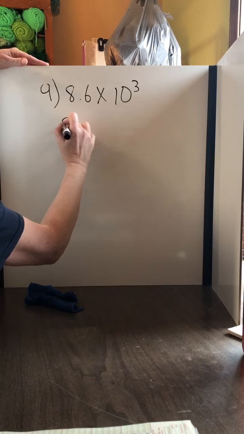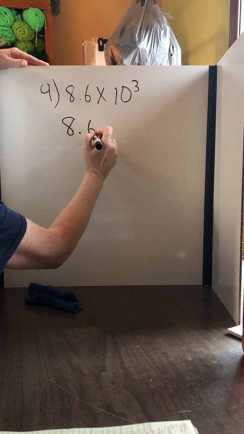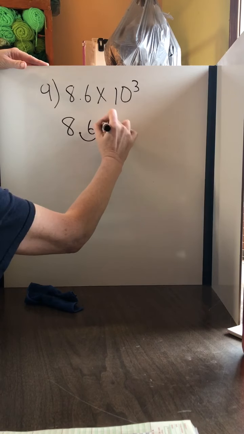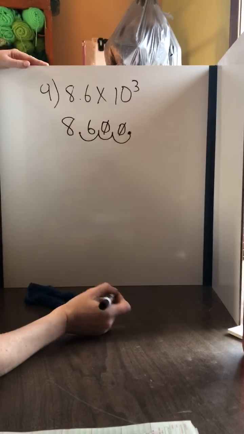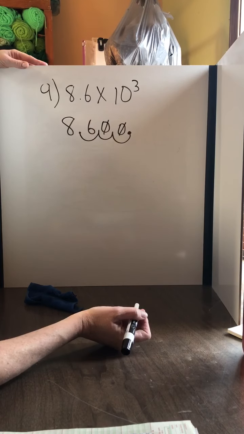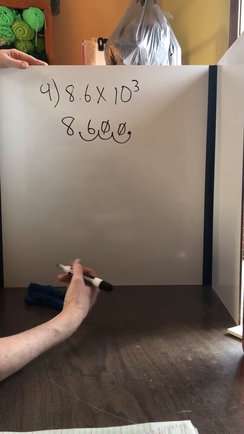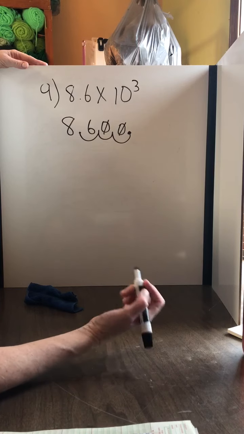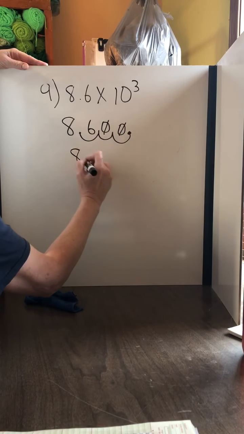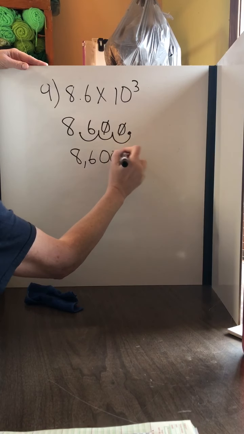And to multiply it by 10 to the 3rd power, you essentially just move the decimal over to the right 3 spaces. And remember, 10 to the 3rd power, if you put it in your calculator, is 1,000. So it's saying if I multiply 8.6 times 1,000, I'm going to get 8,600. So my answer is 8,600.